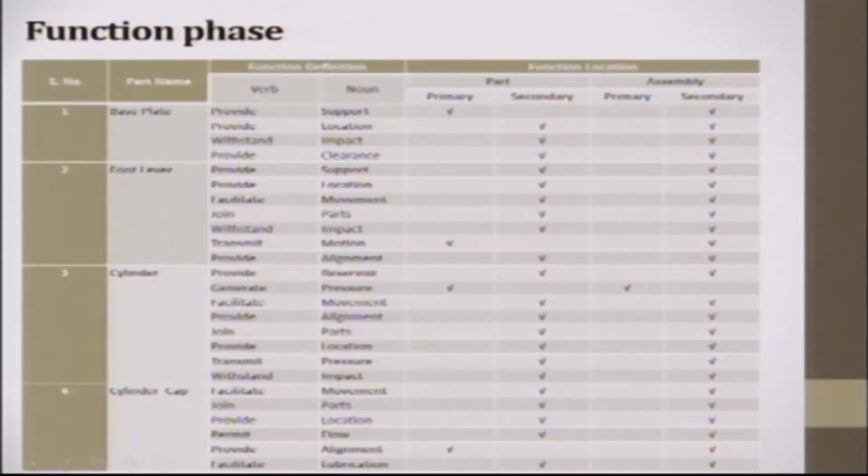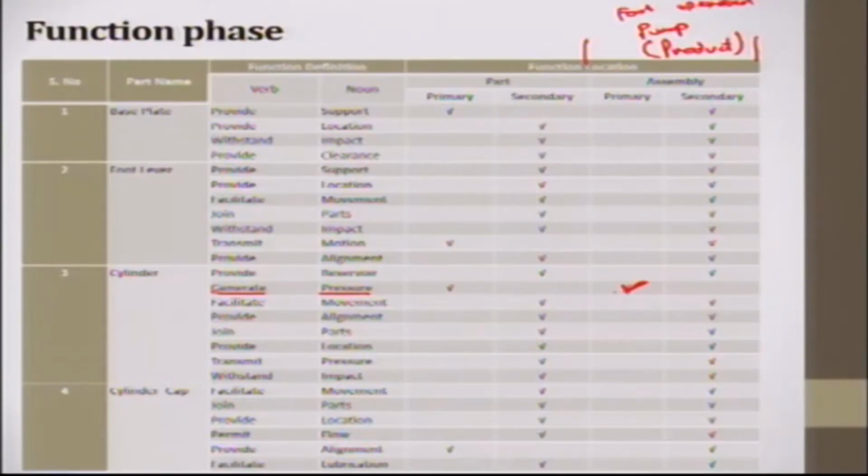Now we can see at assembly level, the primary function that is identified is generate pressure. This is the primary function of my assembly, that is of my foot operated pump, that is my product.